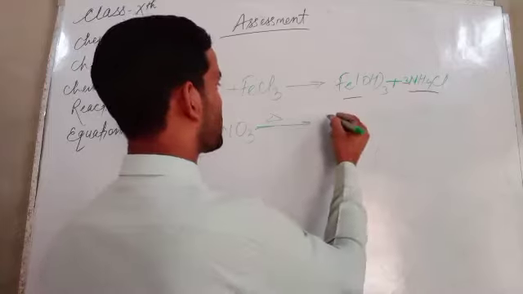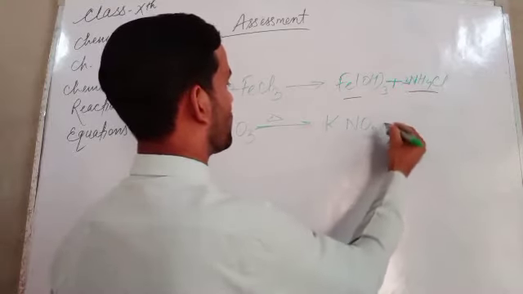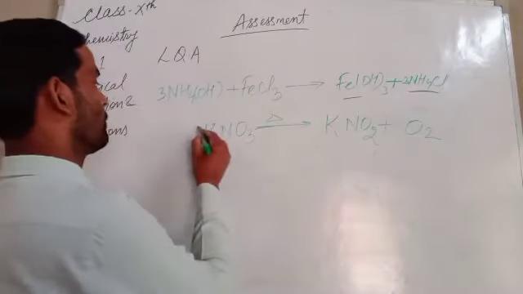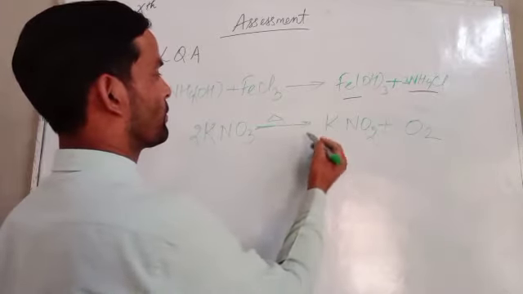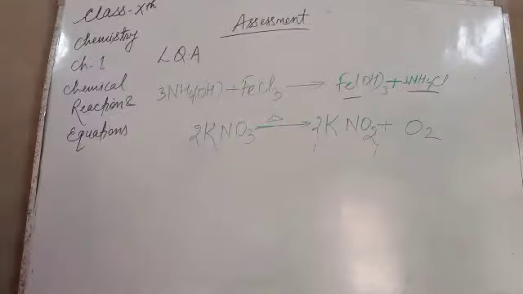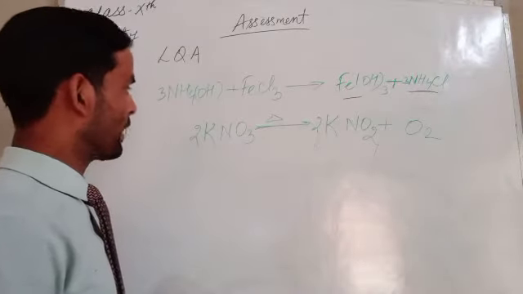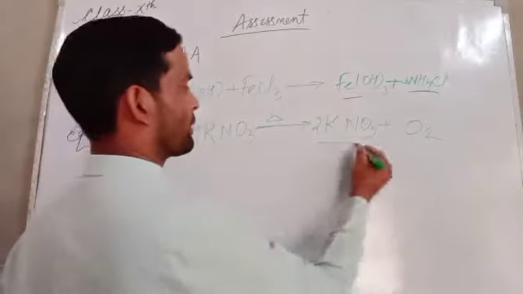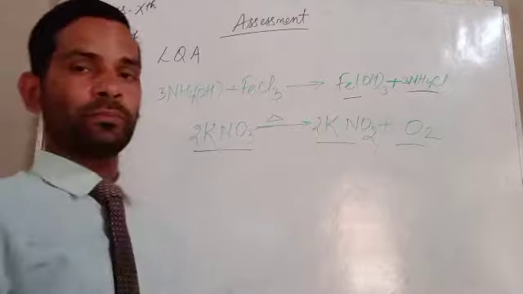So here 2 molecules of potassium nitrite and oxygen are liberated. So this is the complete form.